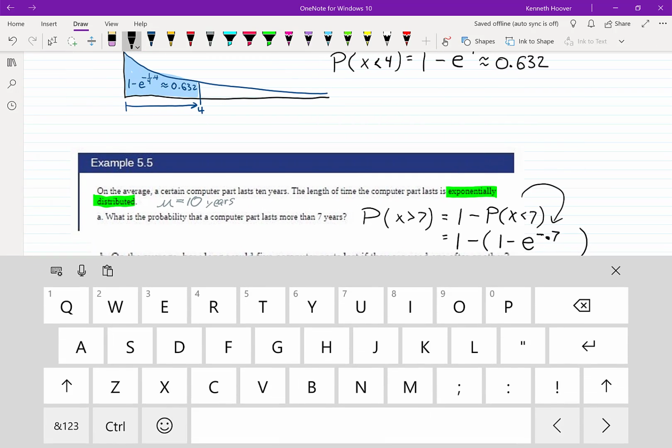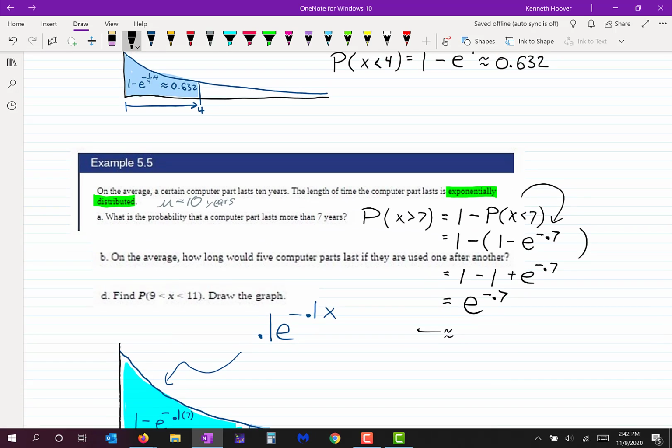Darn it, my screen is messing up just a second here. Okay. 0.497. Okay. Look at that and make sure you understand what I did there.